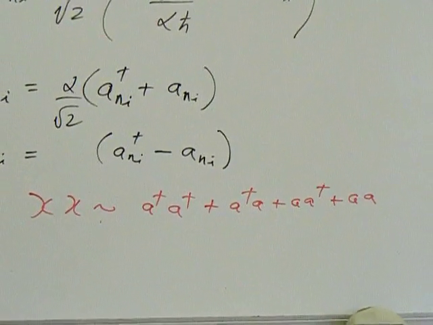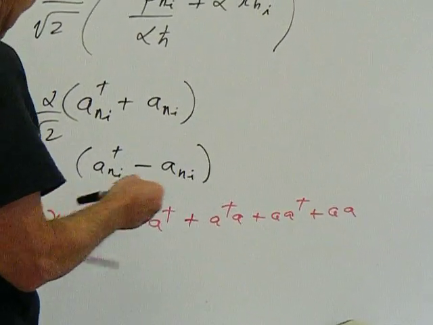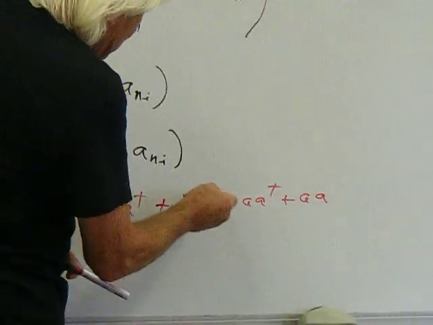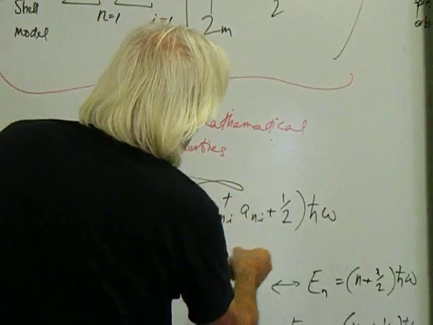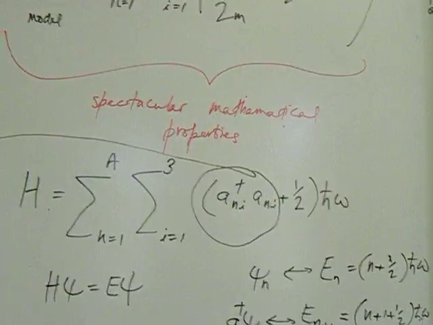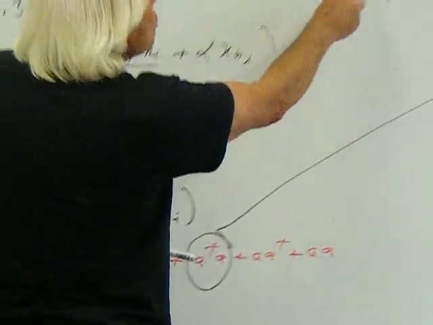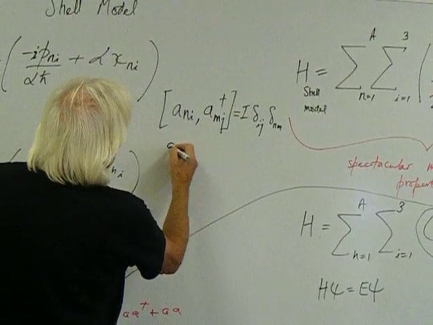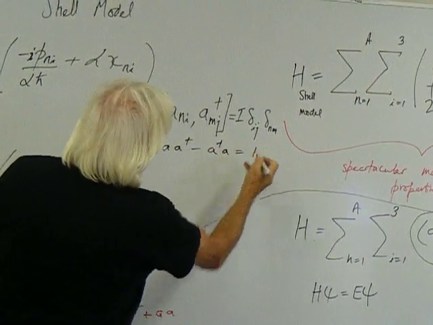Now if you look at what we've got on the board, you say, a dagger with a, I recognize that. That shows up as a piece of the Hamiltonian. And I'll leave you to put in all of the subscripts here. And you know a dagger is related to a dagger a just through this relationship.